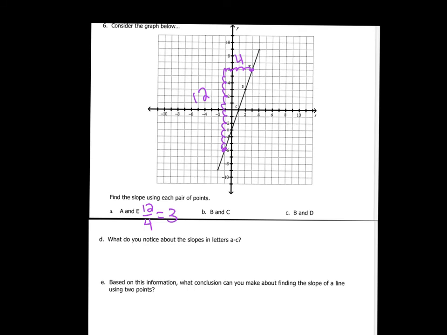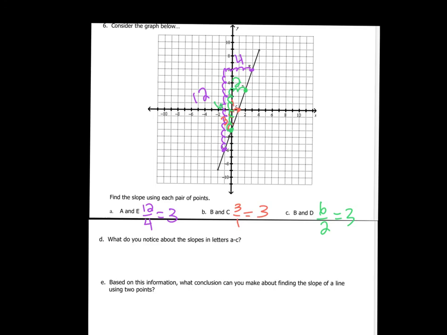From B to C, which is 3 over 1, which also simplifies to 3. And from B to D, which gives us 6 over 2, which also simplifies to 3.